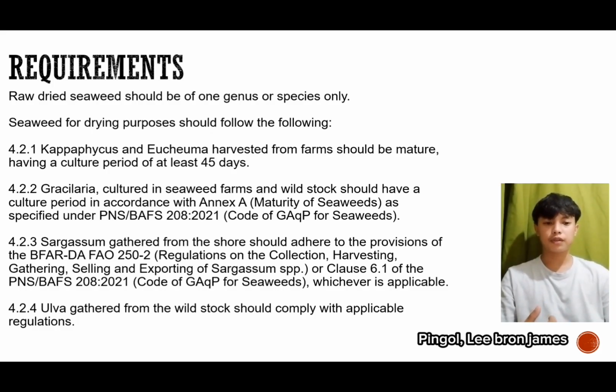For Kappaphycus and Eucheuma, they must come from farms and be matured, meaning they've been cultured for at least 45 days before drying. Other types like Gracilaria, Sargassum, and Ulva also need to follow proper rules from BFAR and other national regulations to make sure they are harvested and dried correctly.